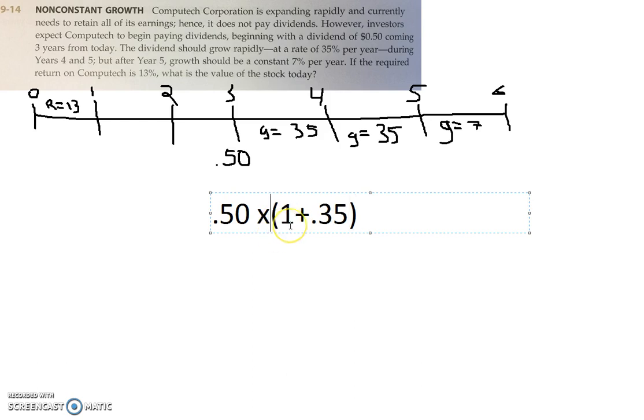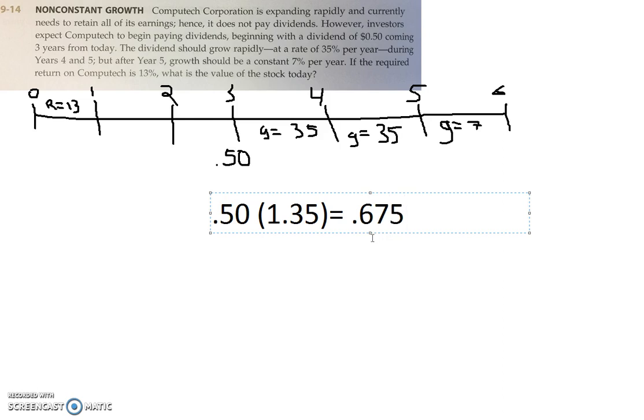All right, so let me just clean this up a little bit. 50 cents times 1 plus 0.35 is 1.35. And that tells us that our dividend, 0.5 times 1.35, so our dividend at year 4 is going to be 67.5 cents.